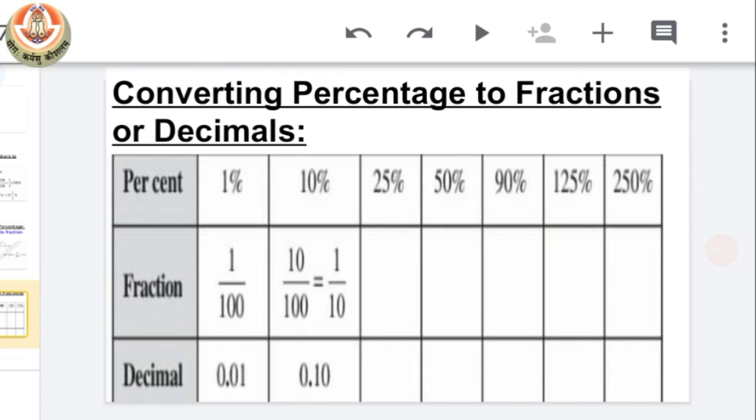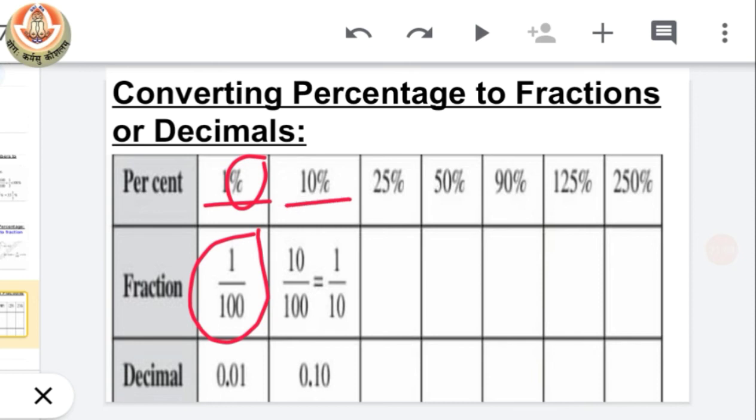So for this, for example, we have a percent, 1%. To convert it into a fraction, we all know that the percent sign means division by 100. So we just put 100 in the denominator and we get the percent as a fraction.